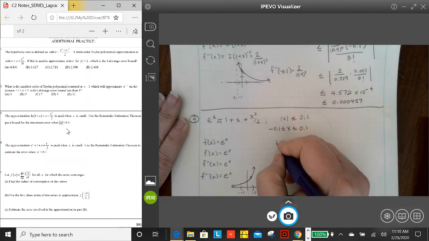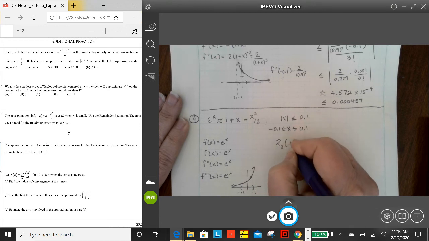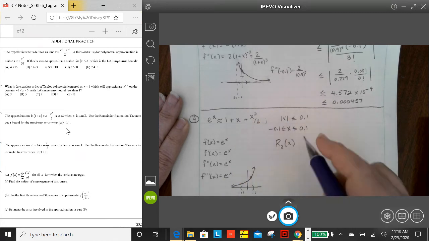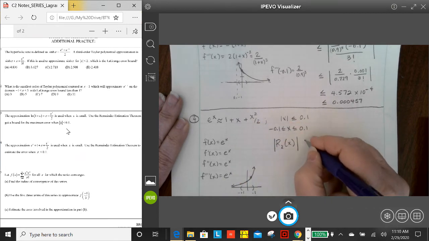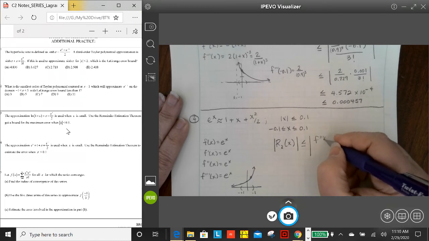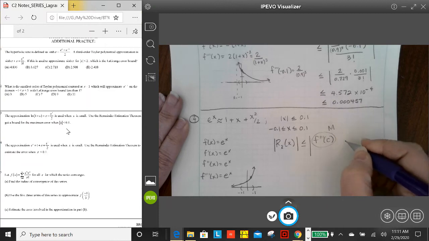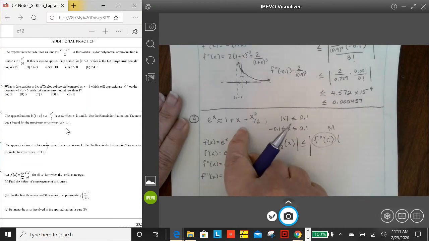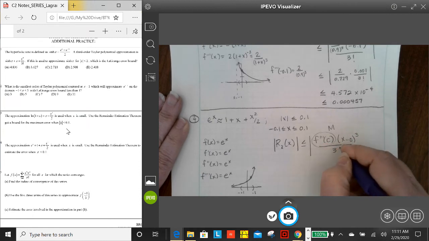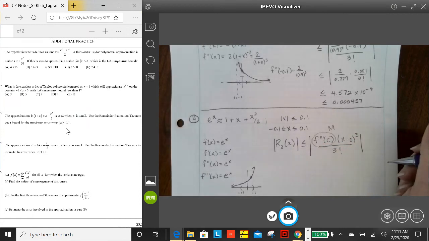the maximum is going to be e to the 0.1, looks like on this zone. All right, so we're going to find the remainder using the second degree Taylor polynomial. That's why those twos match. It's going to be less than or equal to the absolute value of the third derivative evaluated at some location, which is the max. And this is also centered at 0, x minus 0 raised to the third over 3 factorial. And so what is the max in this case?